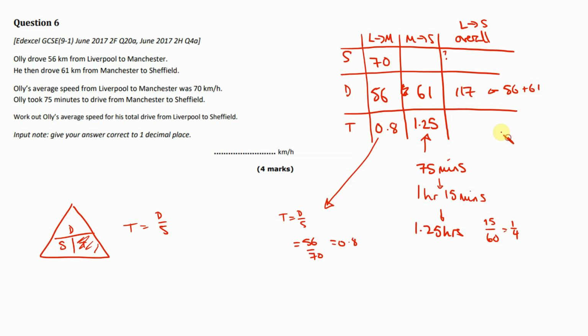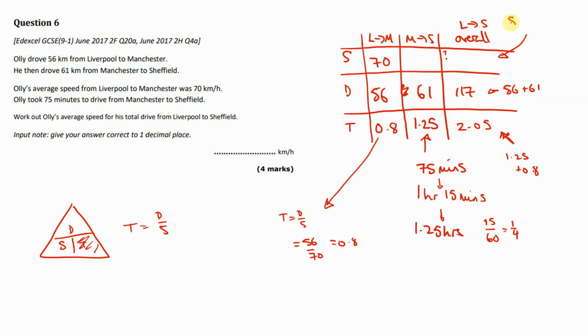So overall, that's going to be 1.25 plus 0.8. And that's going to be 2.05 hours. That would be 2 hours and 3 minutes. We can then go to find out up here.